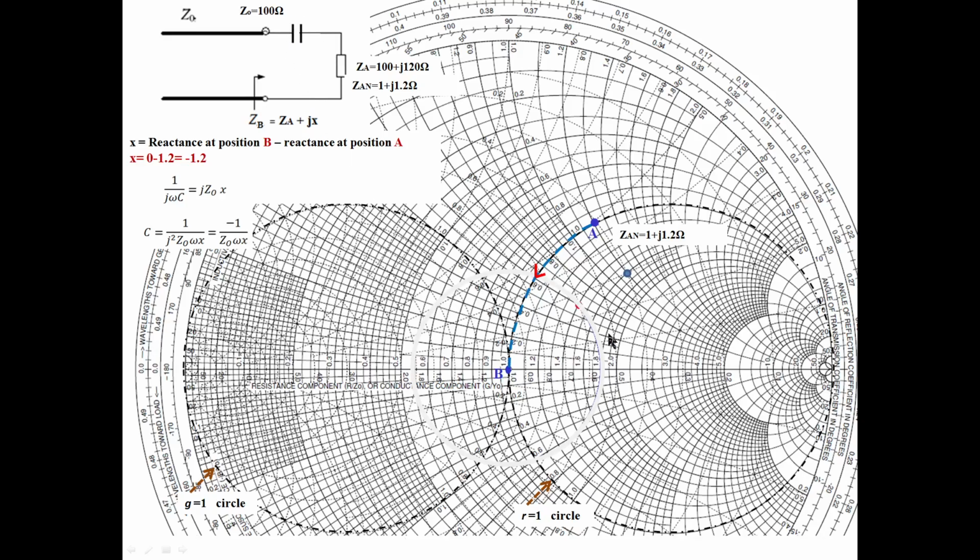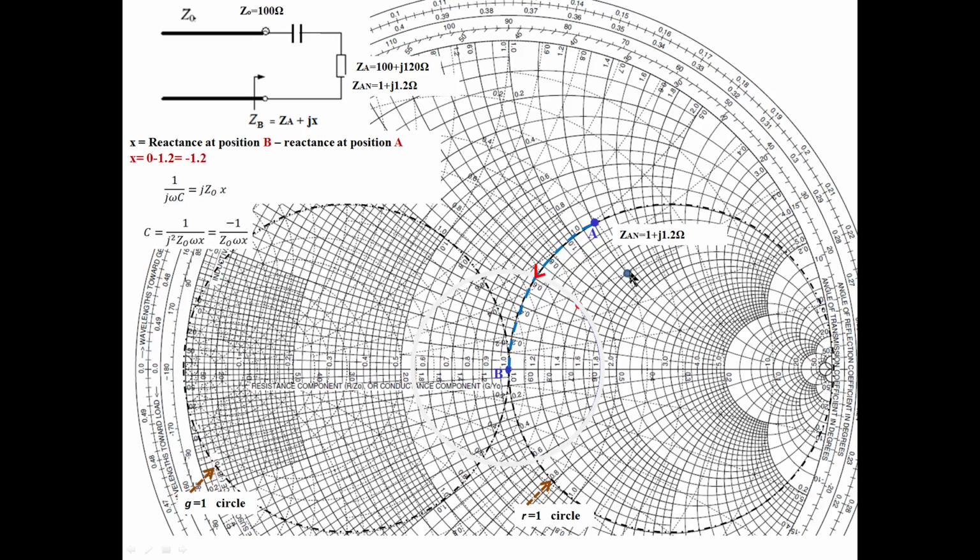But if the load is somewhere like this, what do I have to do? I need two elements for impedance matching. One element you should add like this, and one more element you should add.